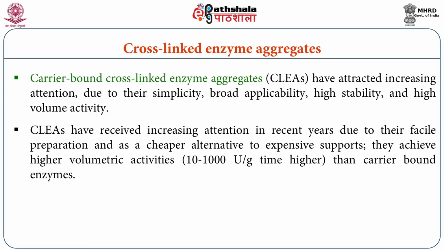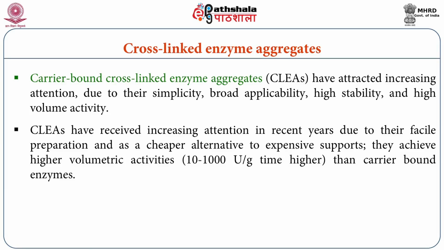Even though if we have many production batches the total cost can be reduced, the support itself is expensive. So, cross-linked enzyme aggregates, which is called the CLEAs process, can be a cheaper alternative to these expensive supports, and they also achieve higher volumetric activities, that is 10 to 1000 units per gram times higher than a normal enzyme process.